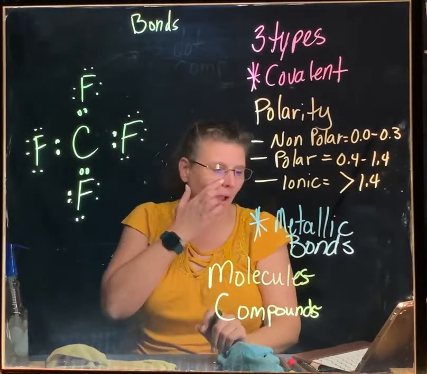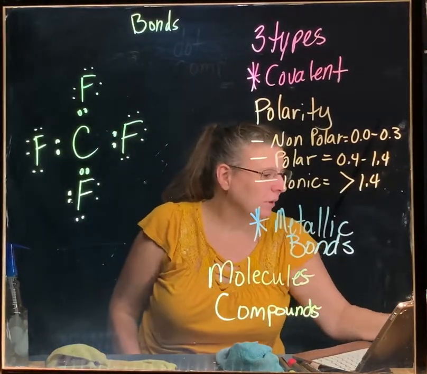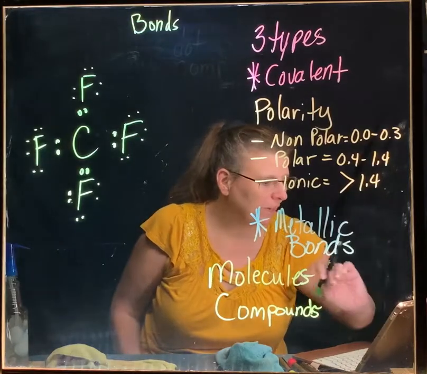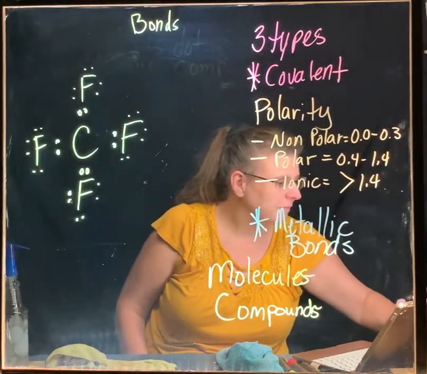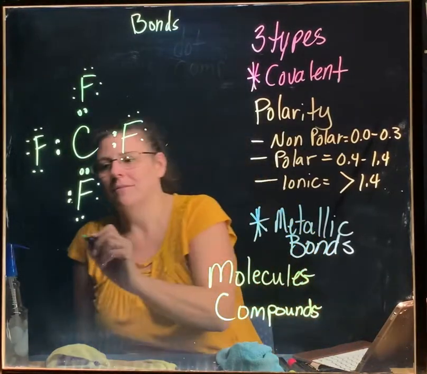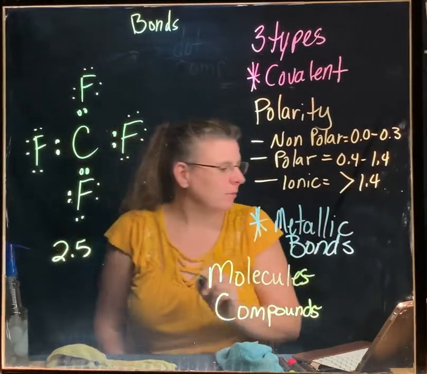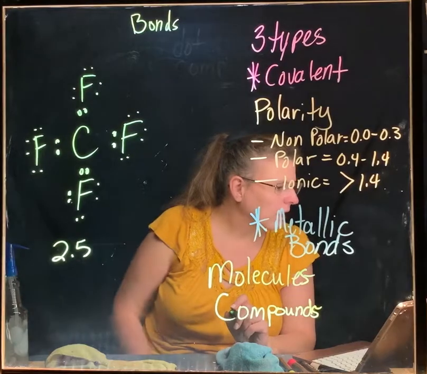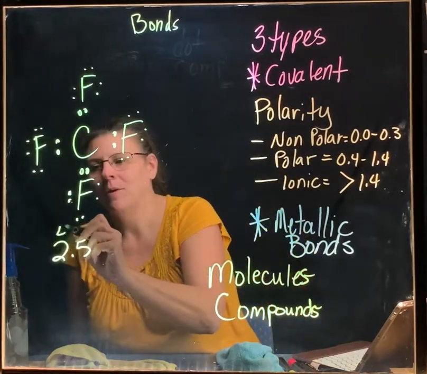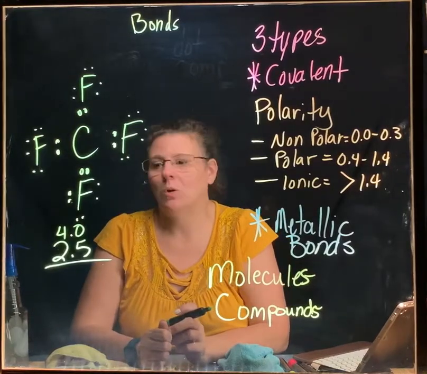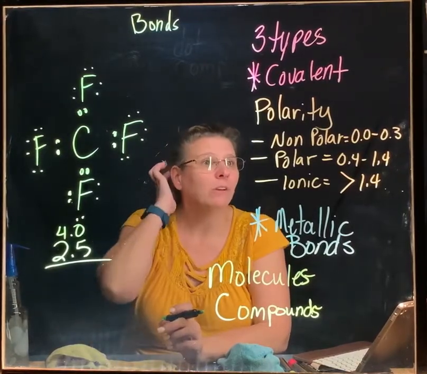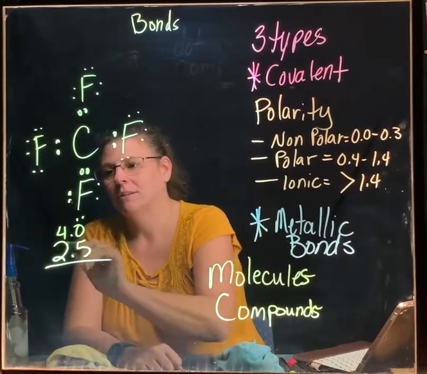Now, our electronegativity for these, carbon is 2.5 and fluorine is 4.0. So how do we find out if it's polar, nonpolar, or covalent?